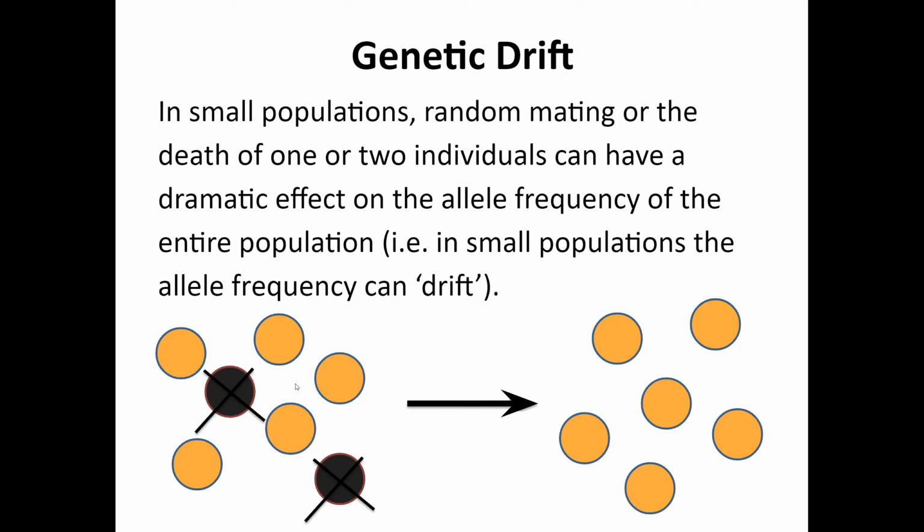Okay, if you think, for example, if you had a large population with 50 black organisms and 70 yellow ones, there is going to be less of a chance that they are destroyed. Therefore, the ending population will have more of those black alleles.